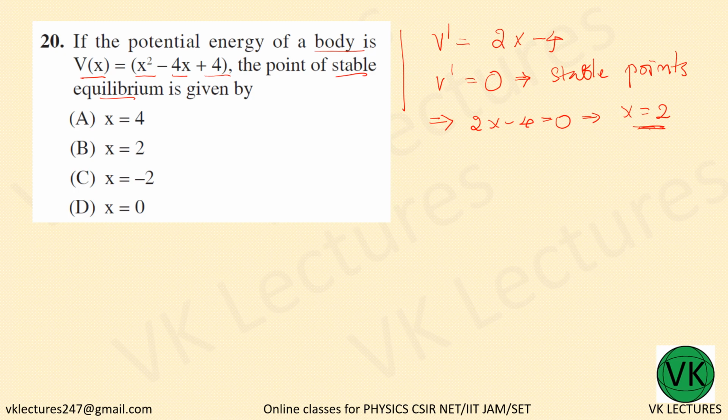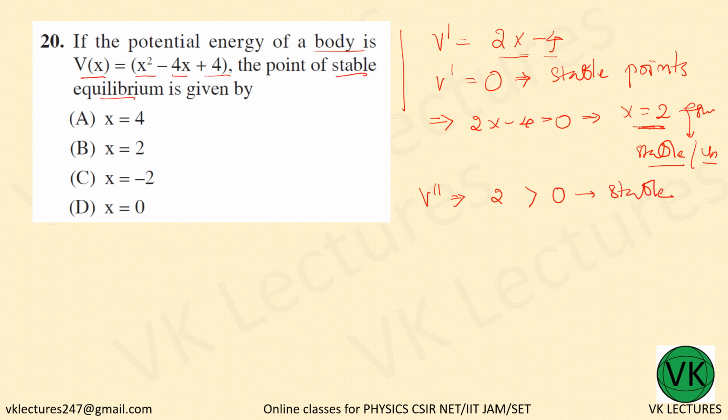Now at x equal to 2 you have an equilibrium point. Whether it is stable or unstable, we have to find. For that you have to take the second derivative of V, which from 2x minus 4 gives V double dash equal to 2. If this value is greater than 0, this is a stable equilibrium.